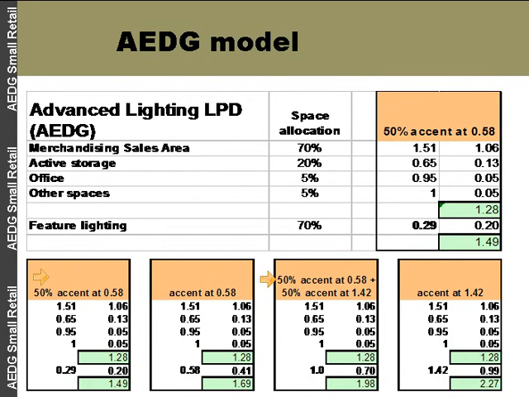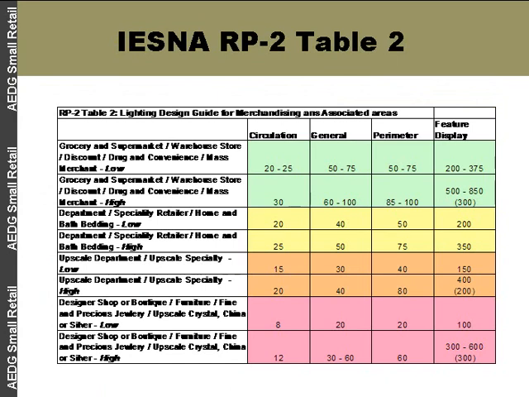Now, in the guide, we wanted to see that ceramic metal halide, but one of the reasons why we left in that you could use halogen IR technology was this table here, which is an IES RP2, Recommended Practice 2, which is for merchandise lighting. It talks about a variety of different spaces, and we group them all together.